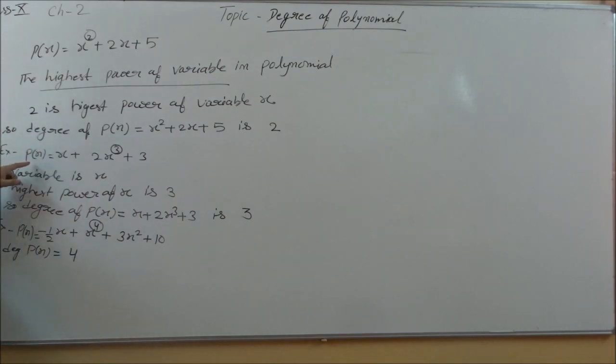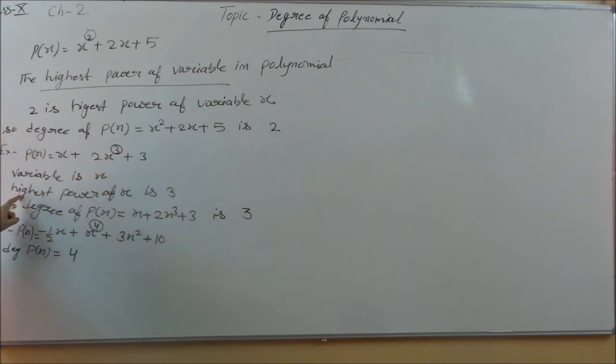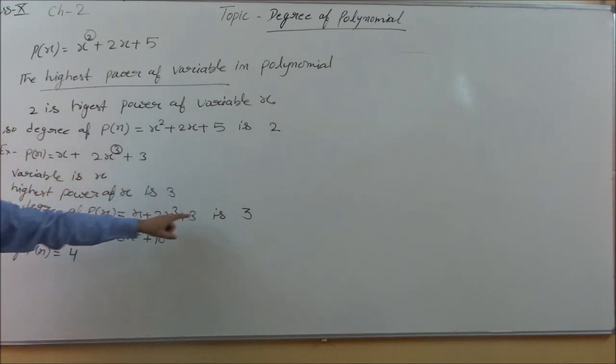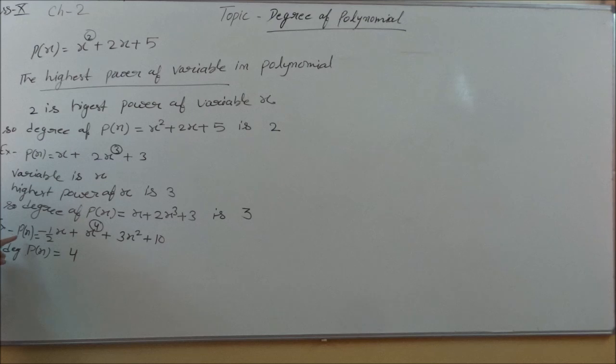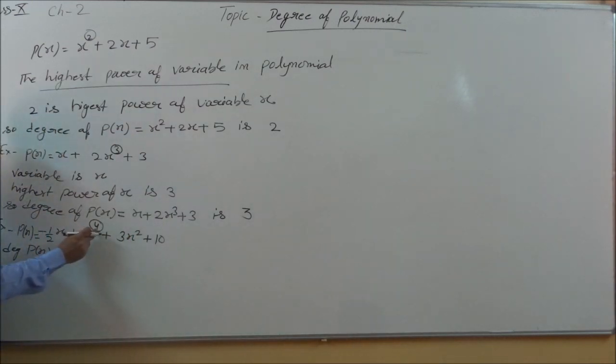In p(x) = x + 2x³ + 3, the highest power is 3, so the degree is 3. In p(x) = -1/2 x + x⁴ + 3x² + 10, the highest power is 4, so the degree is 4.